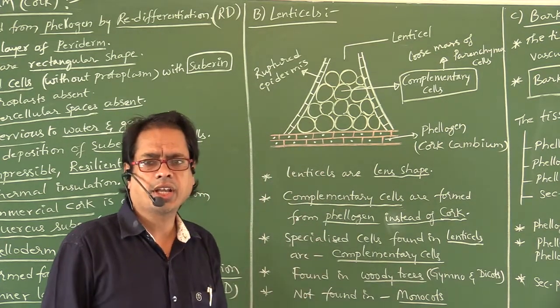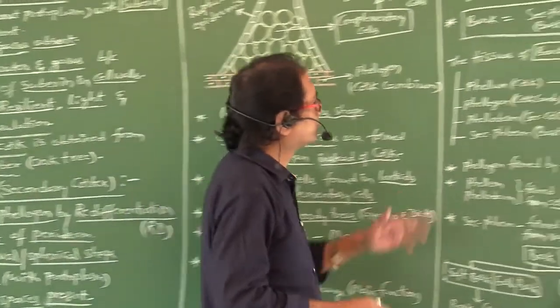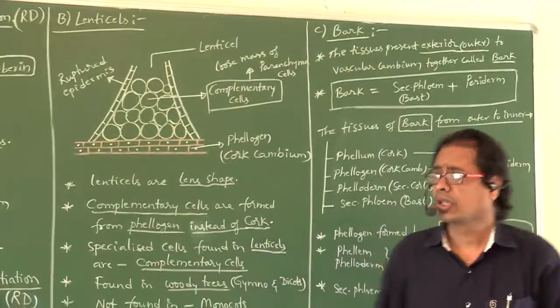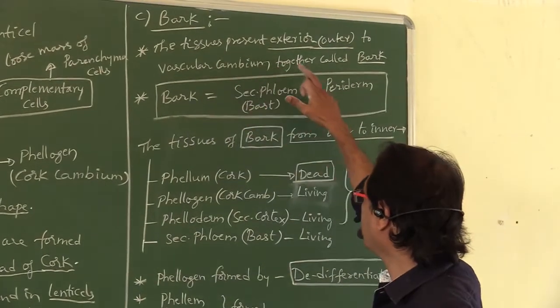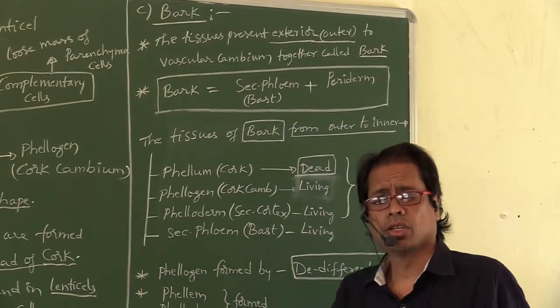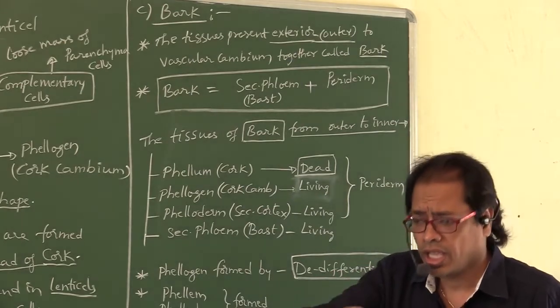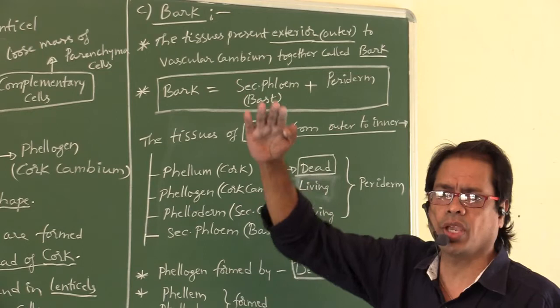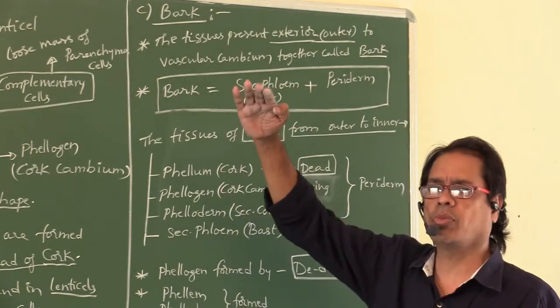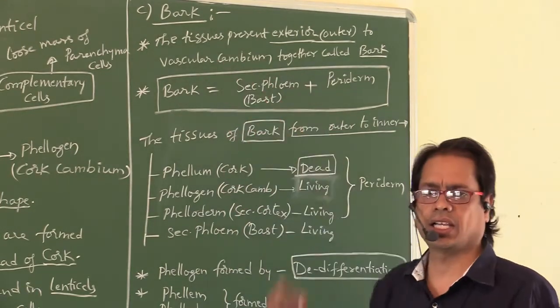And the third concept is bark. The tissues present exterior to vascular cambium together are called bark. That is, the tissues that are present external to vascular cambium, or outer to vascular cambium, together are called bark.